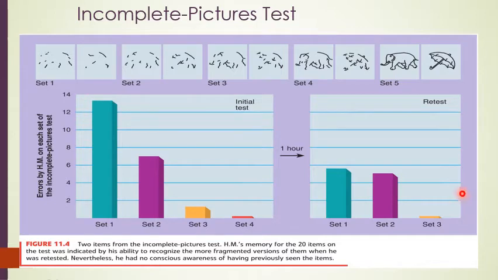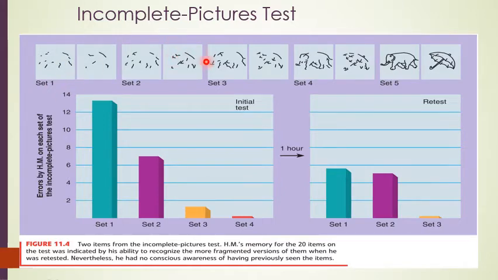Another test, you have the incomplete pictures test. Okay, so this is a non-sensory motor test of memory that employs 5 sets of fragmented drawings. So you have set 1, set 2, set 3, set 4, and set 5. And each set contains drawings of the same 20 objects.